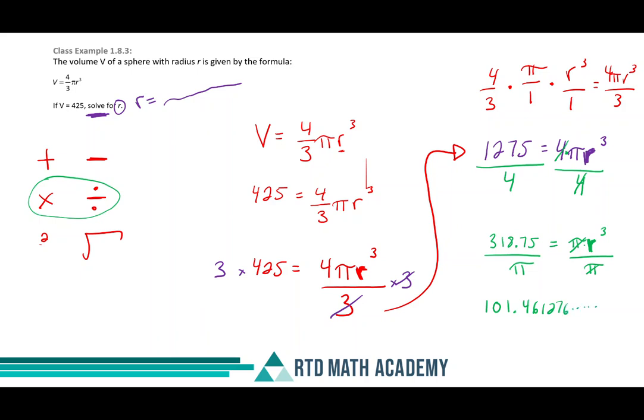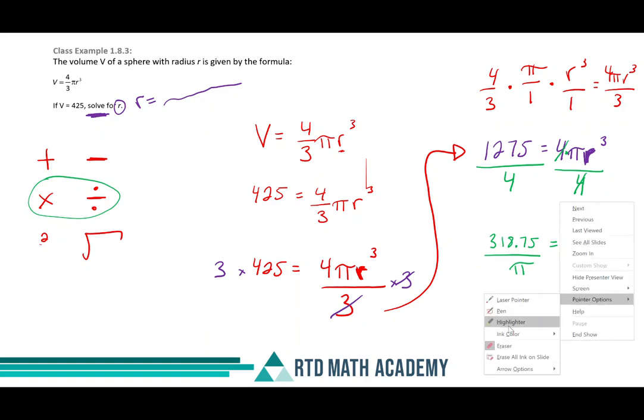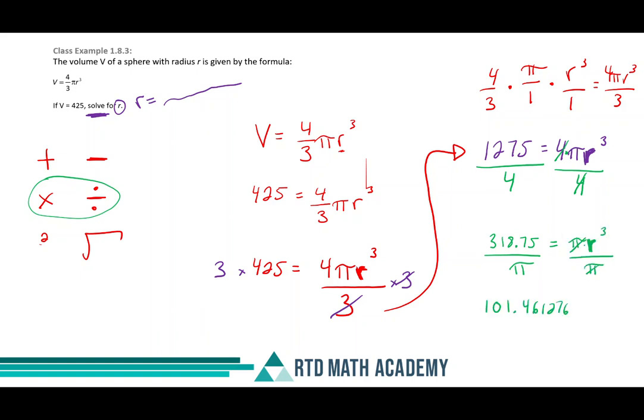Now, we know it's going to be irrational because pi is irrational, right? That's the most famous irrational number there is. So instead, we're just going to leave it for now. We'll talk about rounding in just a second. I like to keep as many decimal places as I can until the very end.